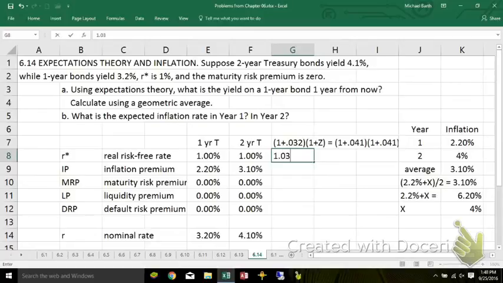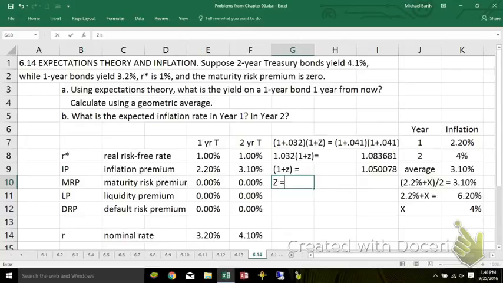So 1.032 times 1 plus Z equals 1.041 squared. If I divide both sides of the equation by 1.032, now I get 1 plus Z, the 1-year rate 1 year in the future, would be equal to this divided by 1.032, and that gives you your answer.